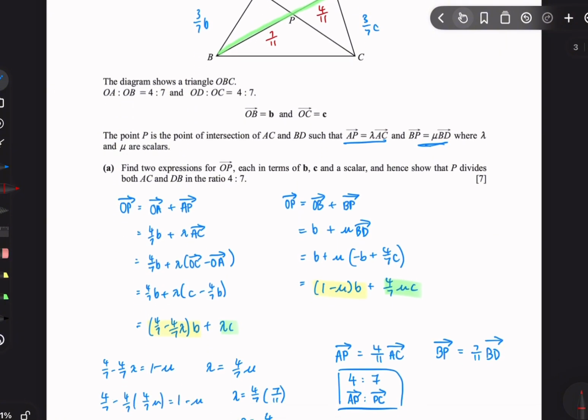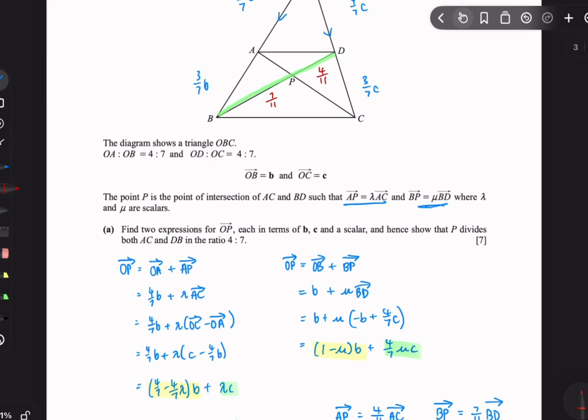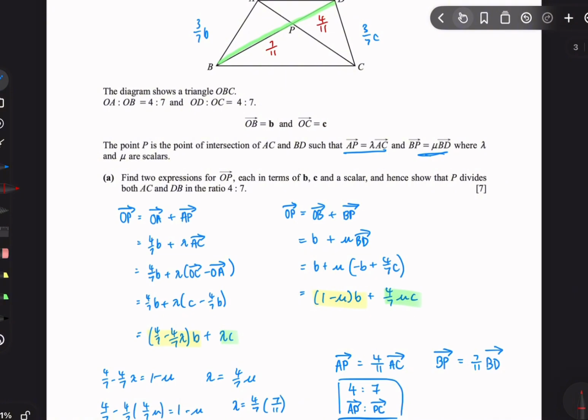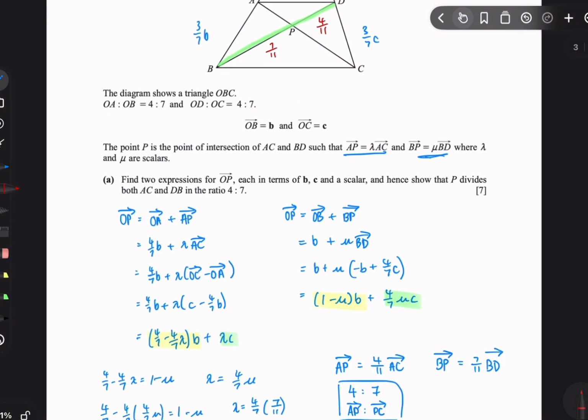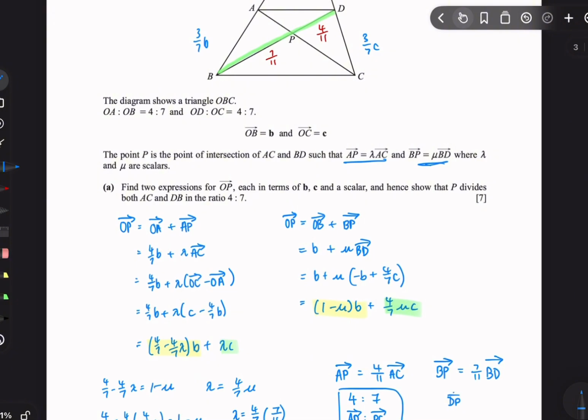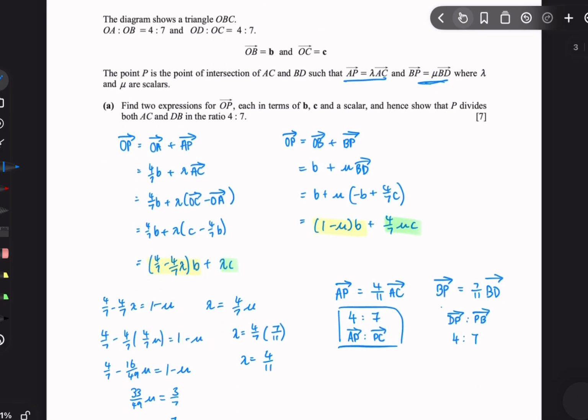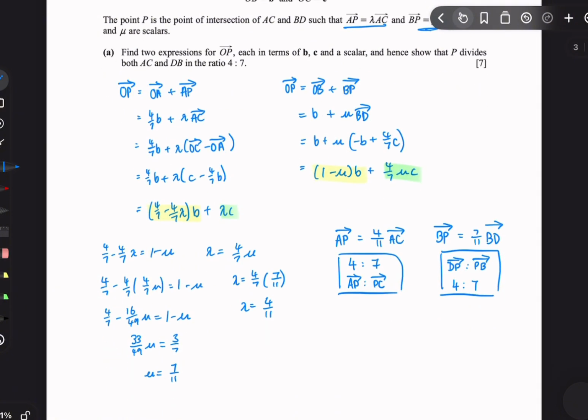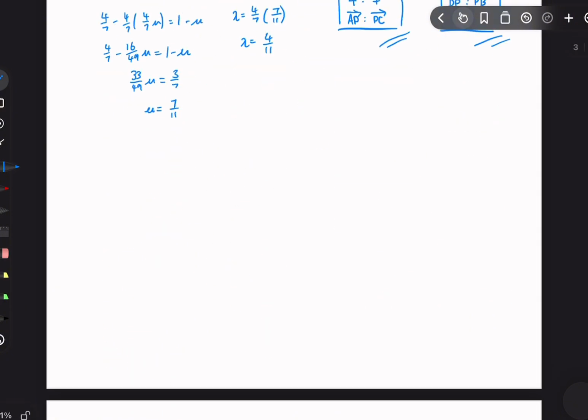And we want to show that P divides DB in the ratio of 4 to 7. And DB is, we're going backwards, so it's DP and PB. DP to PB. We're finding the ratio of this. And DP is 4, PB is 7. So yes, it's also 4 to 7. So that's it for this question.